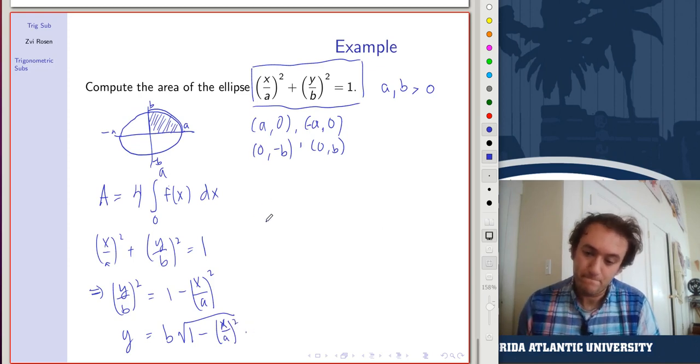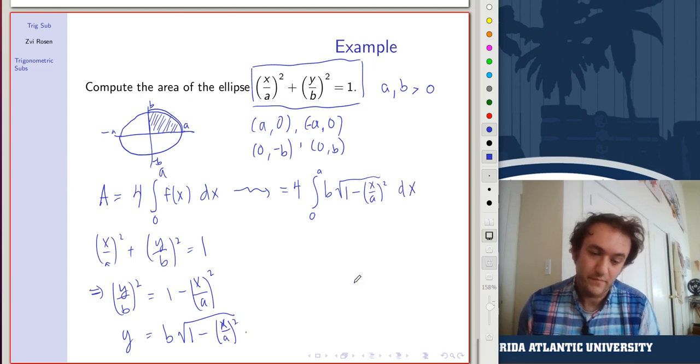Okay? So we know this is equal to 4 times the integral from 0 to a of b times the square root of 1 minus (x/a)^2 dx. Okay?